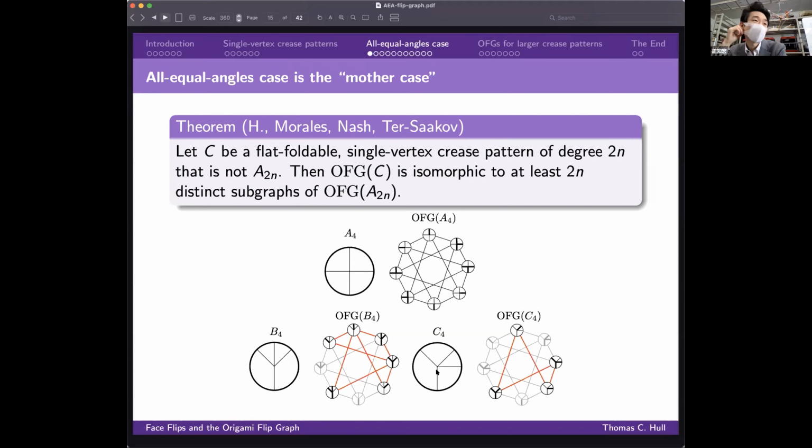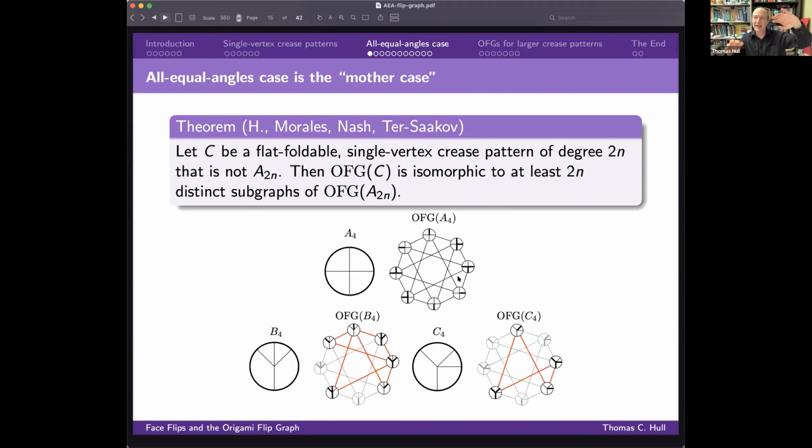Oh yeah, but some of them are disconnected. I don't have a picture of that in these slides, but for example, imagine a degree 6 vertex, where you have a really small angle over here and a really small angle over there, and big angles in between them. Then if you do it out in just the right way, you can flip some faces, but they won't influence the others.